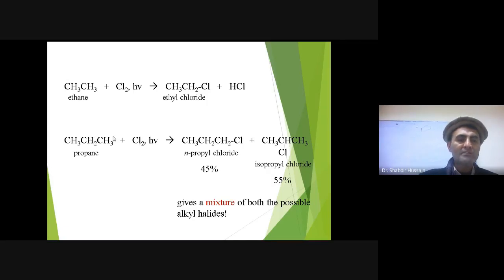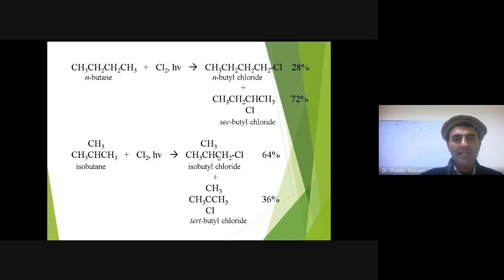Therefore, chlorine substitutes with the secondary hydrogen first, leading to the formation of isopropyl chloride, and primary hydrogen substituting with chlorine leads to the formation of propyl chloride in 45% as a minor product. But overall, we get a mixture of both possible alkyl halides. There are two different types of alkyl halide.